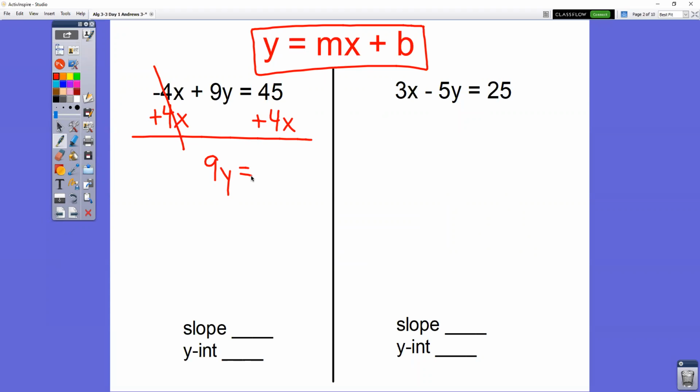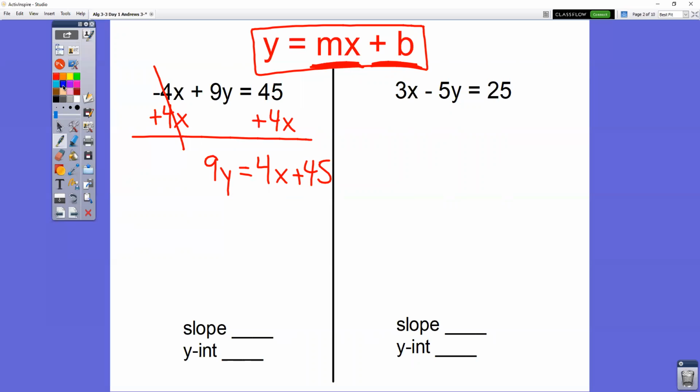Remember, you can't do 45 plus 4x. You can't add together plain numbers and x's. But we can switch around the order because remember, in our final answer, we want that x value to come first and our plus or minus whatever our plain number is to come second. So I'm going to switch around the order right away to be 4x plus 45. It's a plus 45 because that's a positive 45.